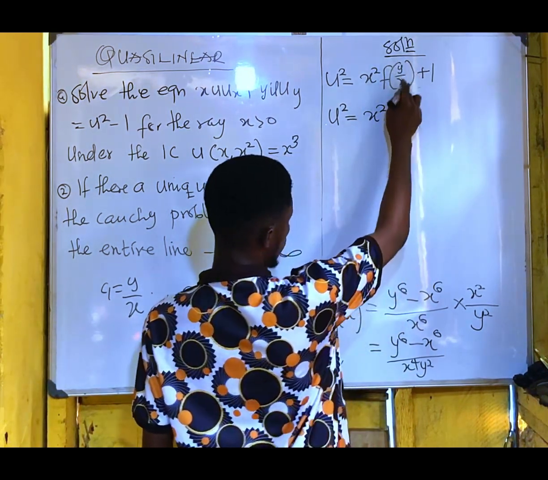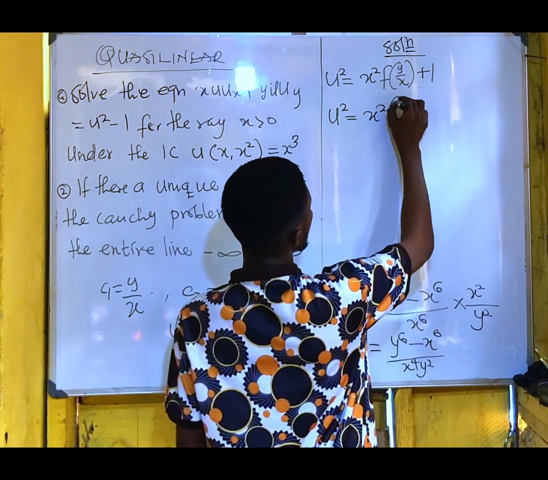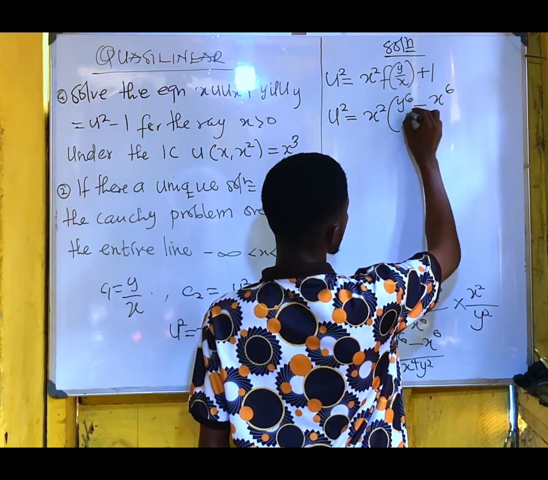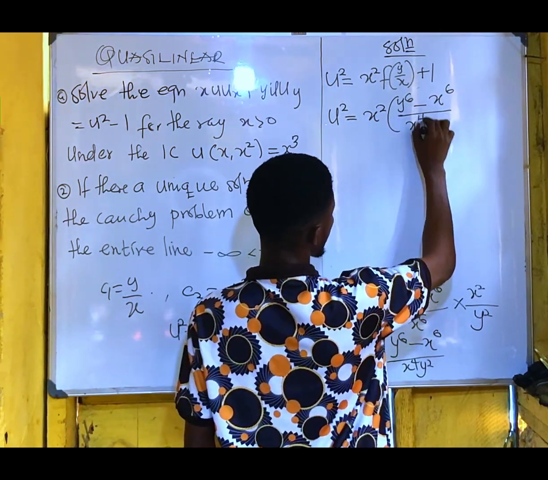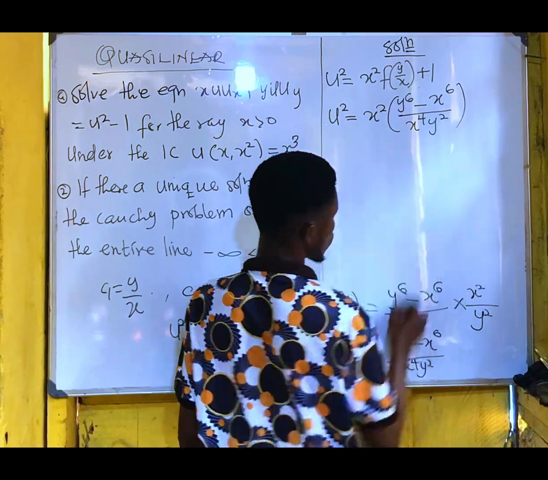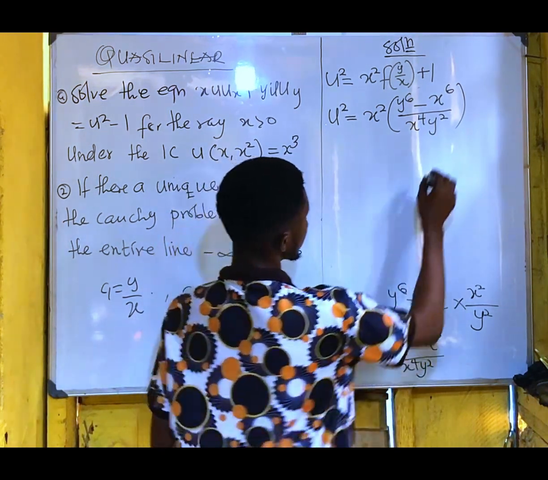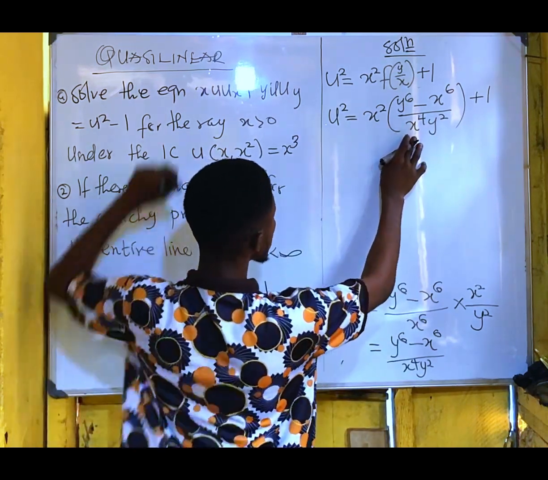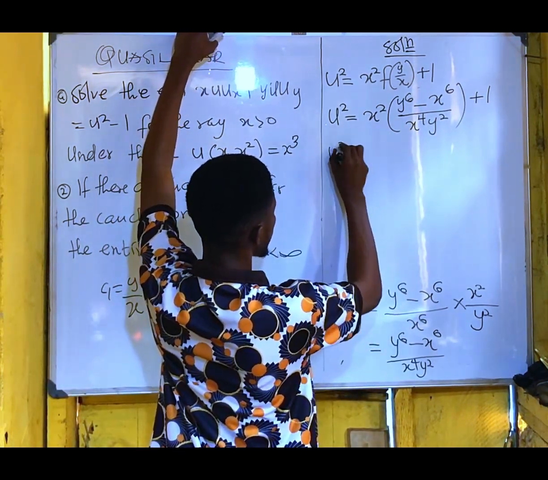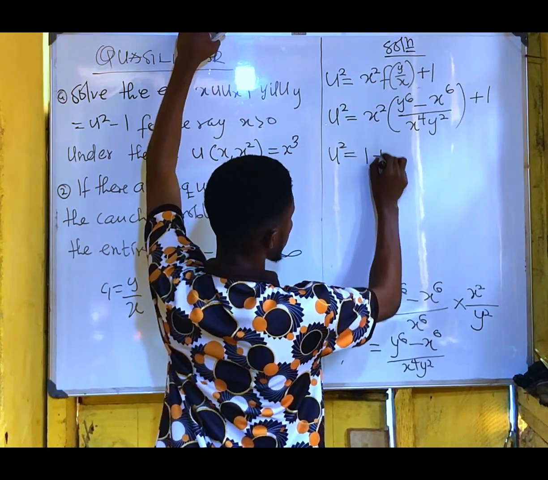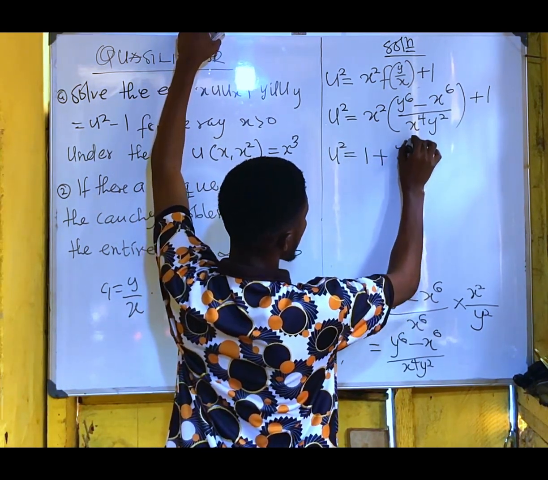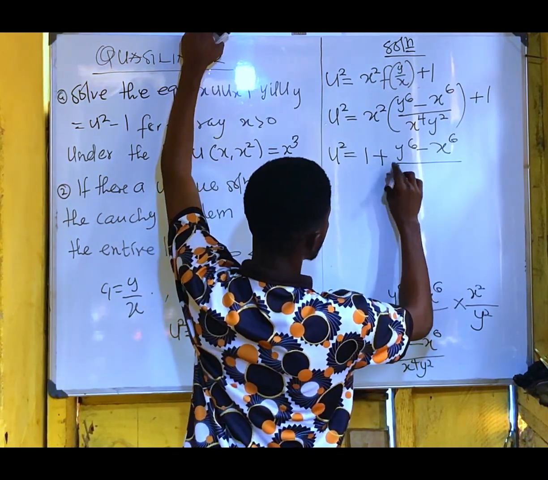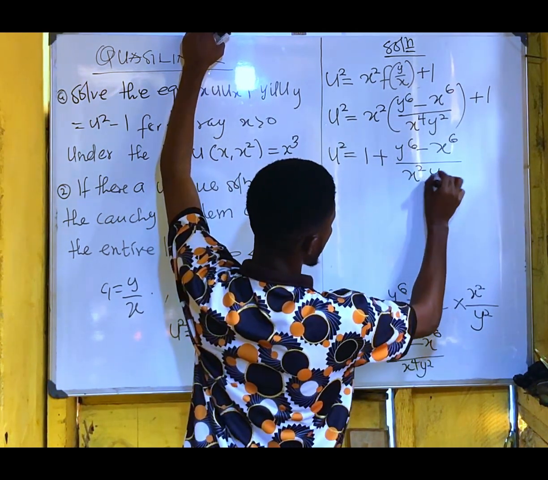So now f of y over x is y to the power 6 minus x to the power 6, all divided by x to the power 4 y to the power 2, like this. And remember, here is plus 1. But this x squared will also go with this, so that at the end you are going to have u squared equals, let me bring the 1 first, 1 plus y to the power 6 minus x to the power 6, all divided by x squared y squared.